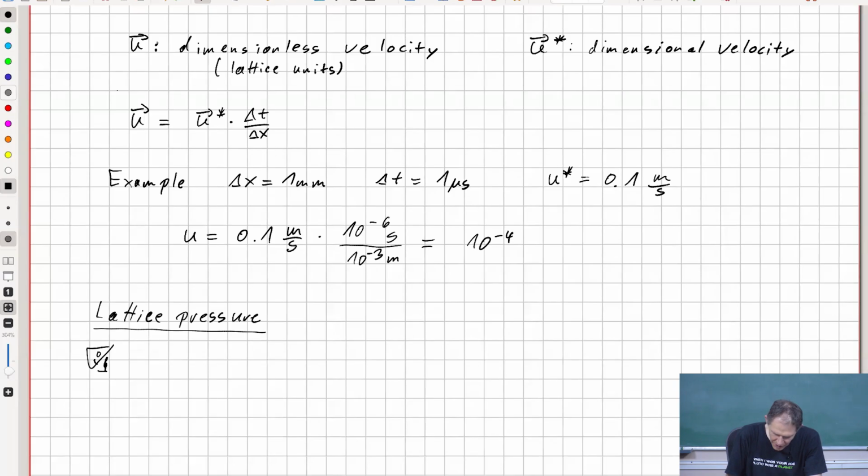Since we simplified our Boltzmann equation that much, we have to accept that we are now in a pseudo-incompressible version, so that we can only work with very small variations of pressure, small pressure differences.